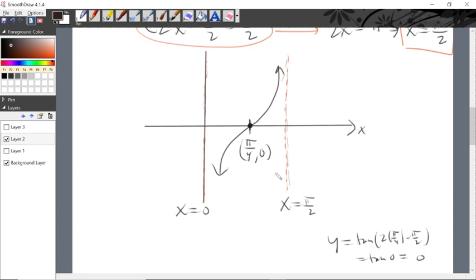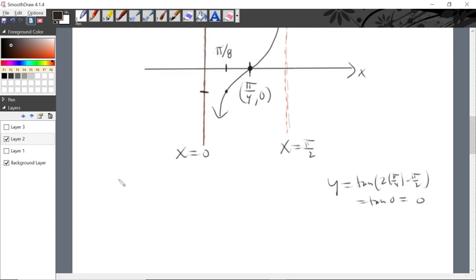Okay, so this is 3 of our 5 important locations. 2 vertical asymptotes and 1 of the quarter points. Okay, so halfway between the left asymptote and this central point, we find the x-coordinate pi over 8, and the associated y-coordinate for this function, you can find it by plugging it into the function itself, certainly, if you didn't know what it was.